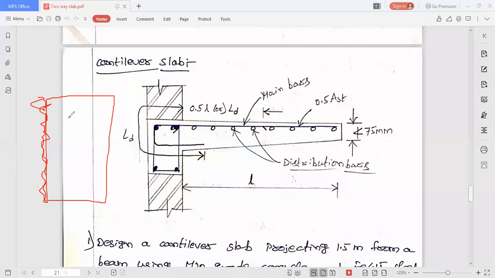As this edge is only one of the edges supported and the remaining three are unsupported, so this is called a cantilever slab, right?